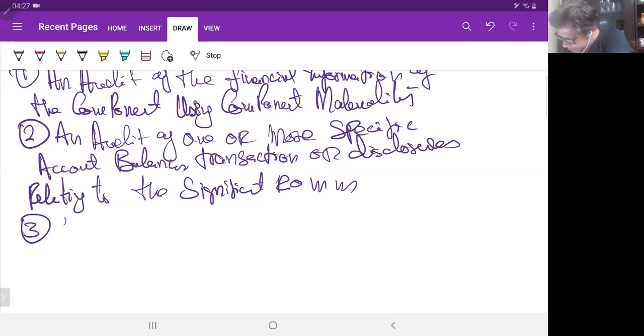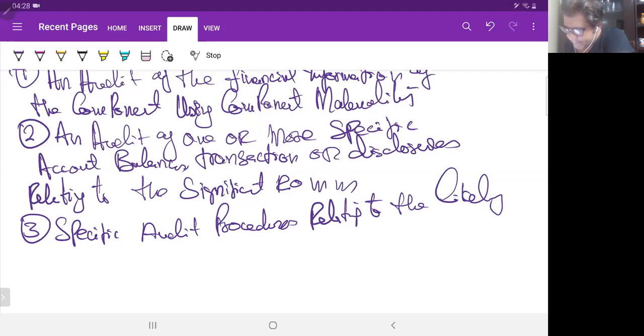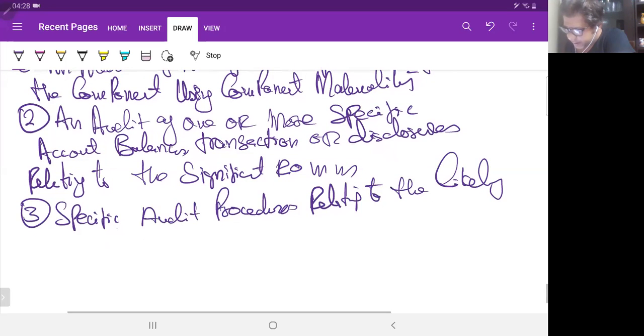Number three, specific audit procedures relating to the likely significant risk of material misstatement.